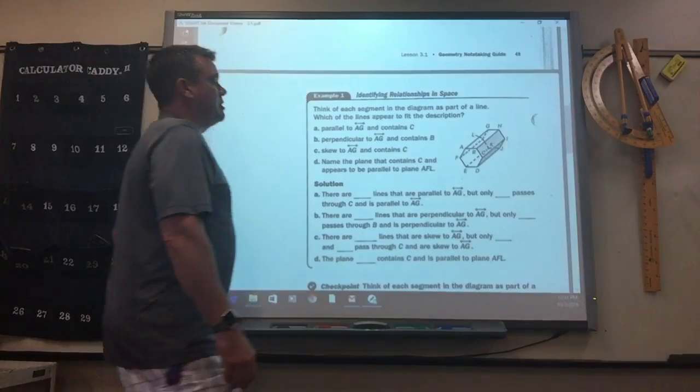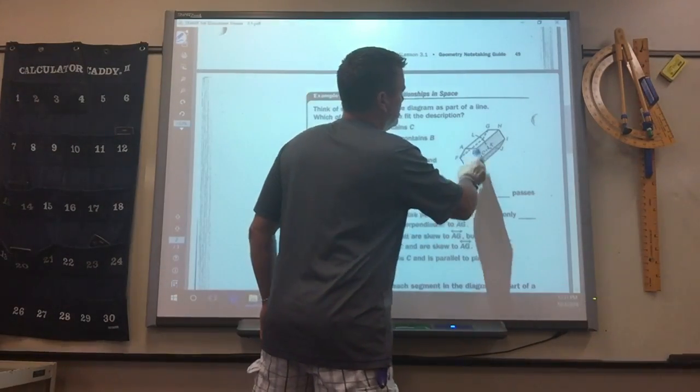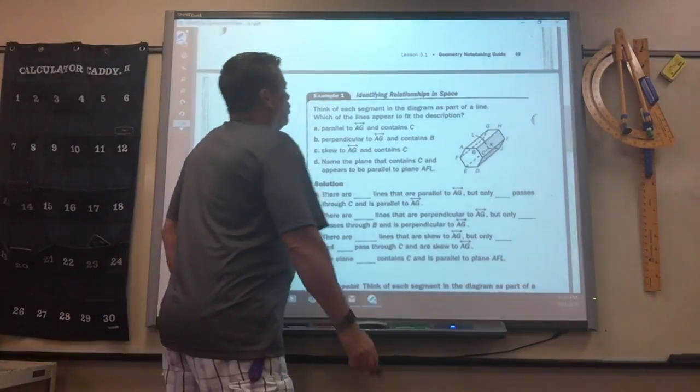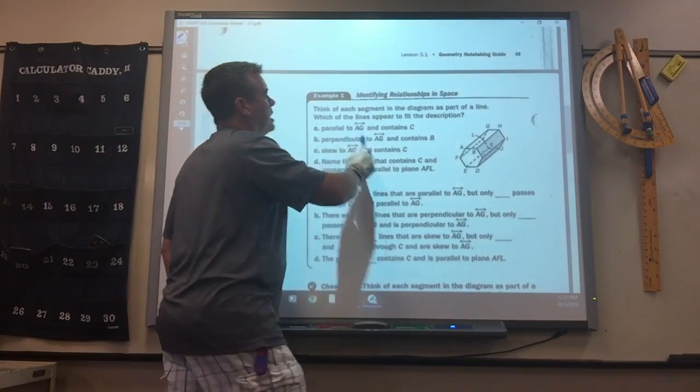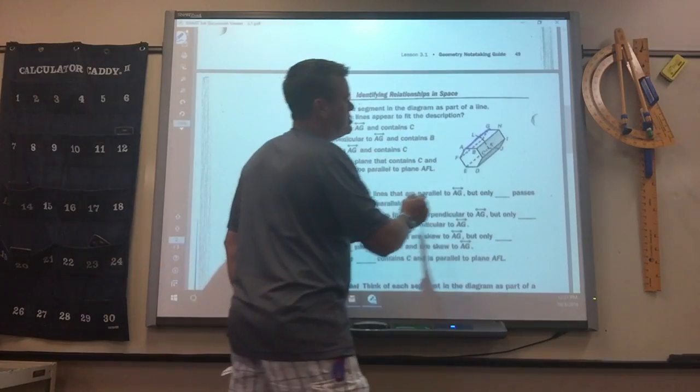So in this picture, they got a hexagonal prism. Which of the lines fit this description? What's parallel to line AG and contains C?